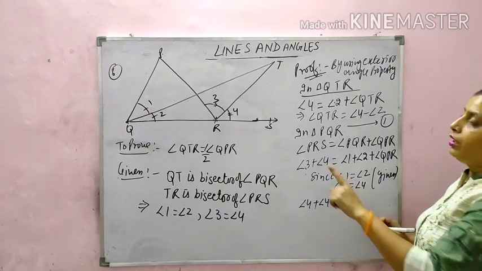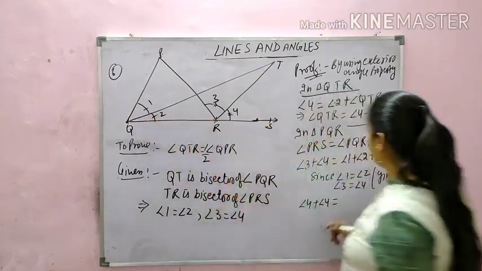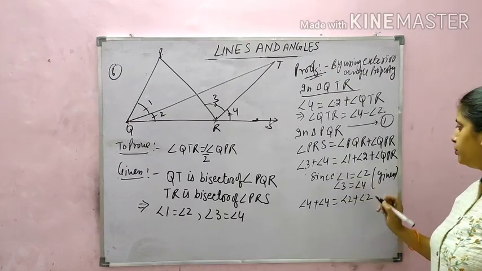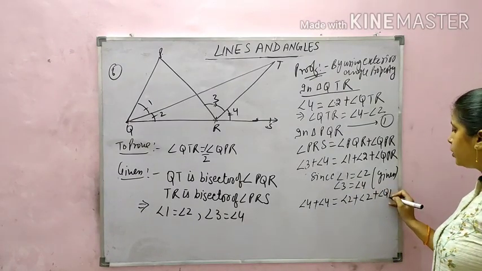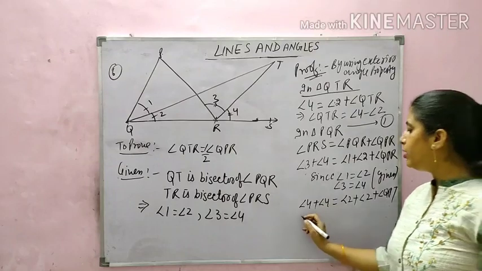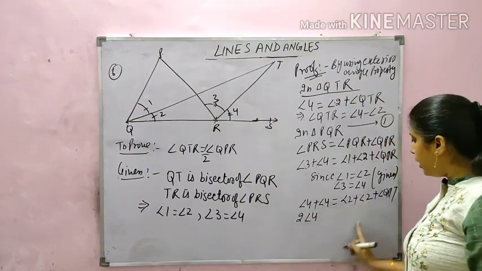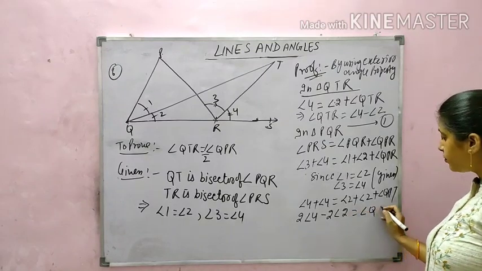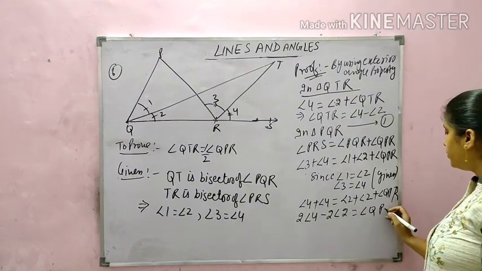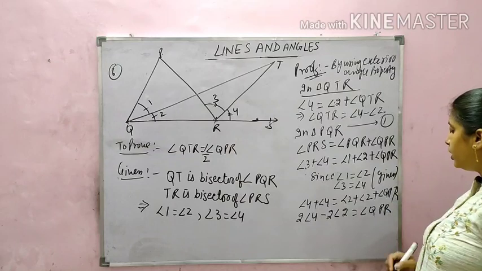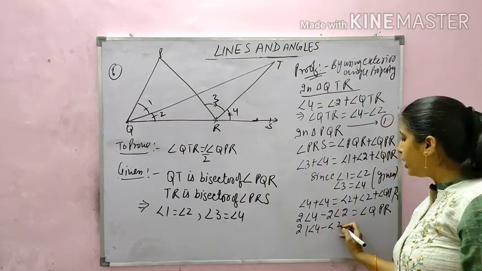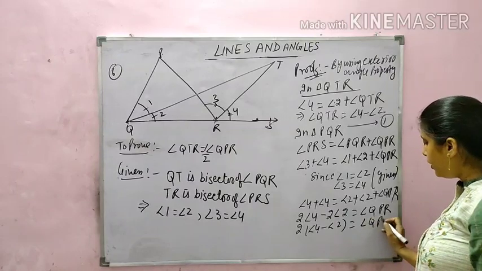Now I am replacing here angle 3 and angle 4. And we don't need angle 1. Then angle 4 plus angle 4 plus angle QPR becomes 2 times angle 4, and angle 2 plus angle 2 plus angle QPR. I am shifting here: 2 times angle 4 minus 2 times angle 2 equal to angle QPR. Clear? Now taking 2 common, angle 4 minus angle 2 equal to angle QPR.